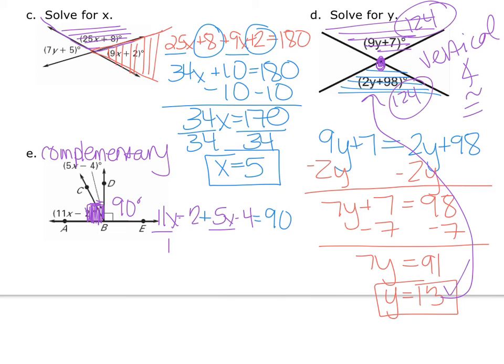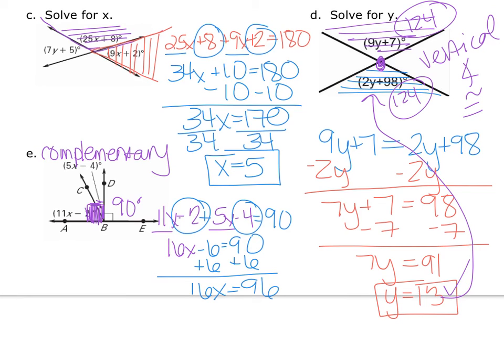Combine like terms. Move things to the other side. 96 divided by 16, oh my gosh, we're almost done, is 6. There you go.